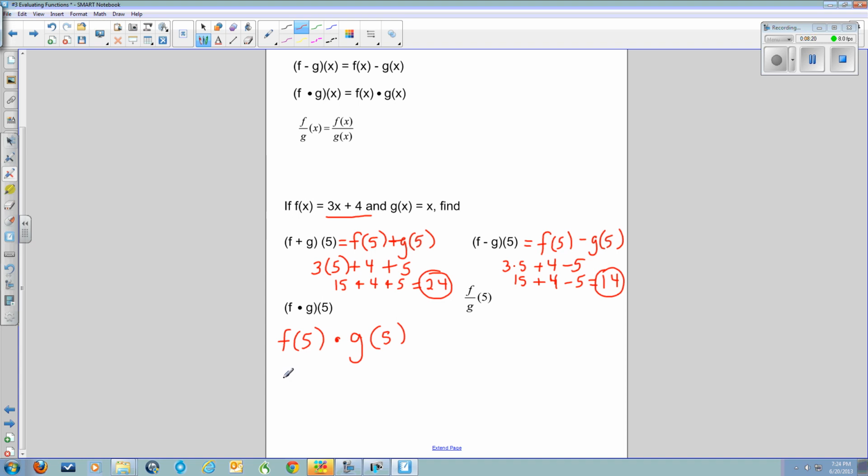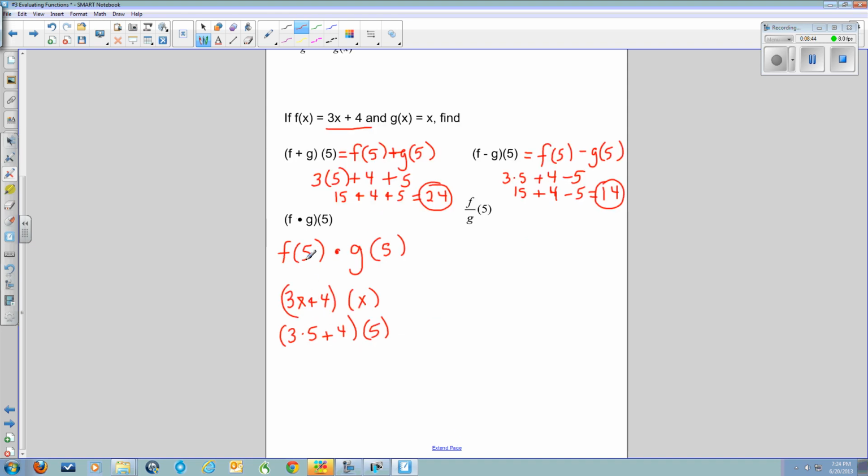So that means I am going to be saying f of 5, remember, that's like taking 3x plus 4, and g of x is x. And I'm substituting the 5 in. So I'm saying 3 times 5 plus 4 times 5. Okay, because I'm just substituting the 5 in place of the x.